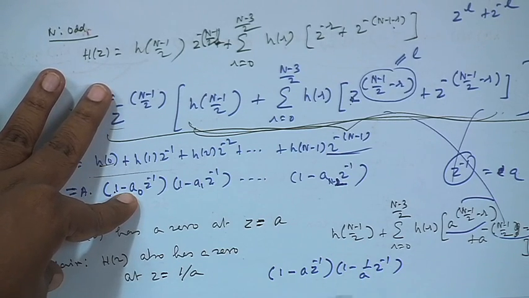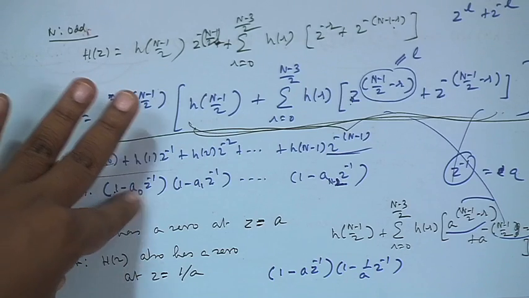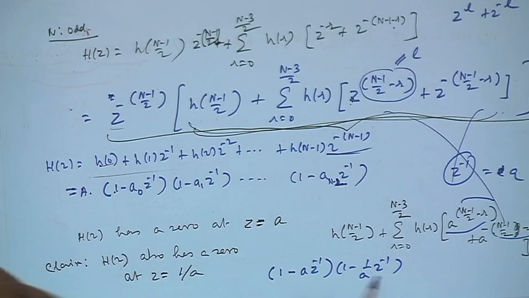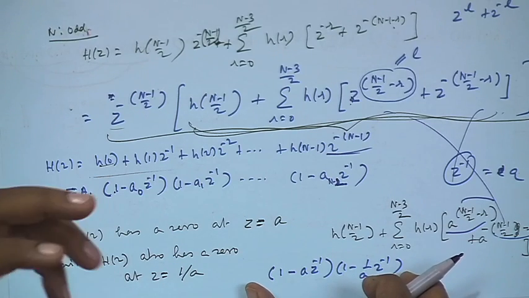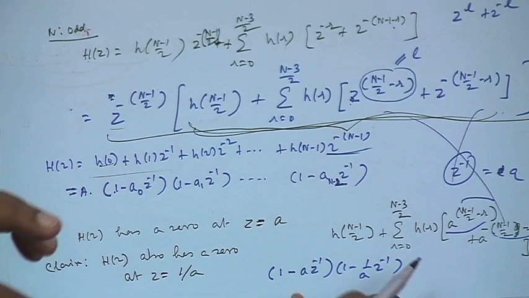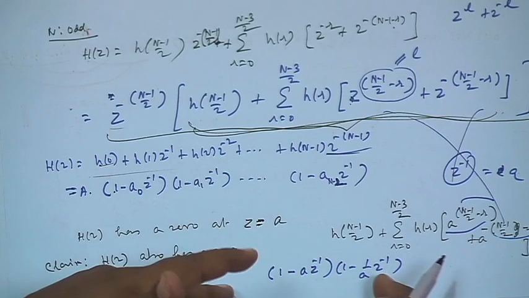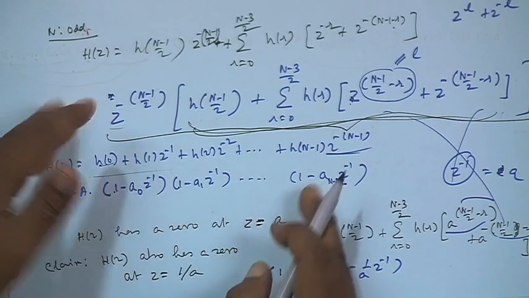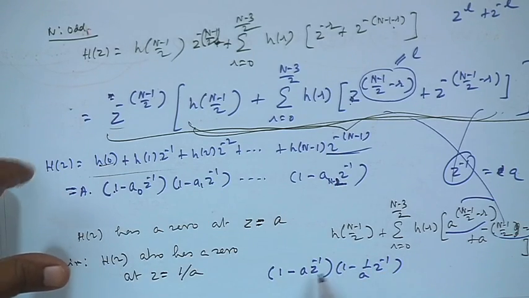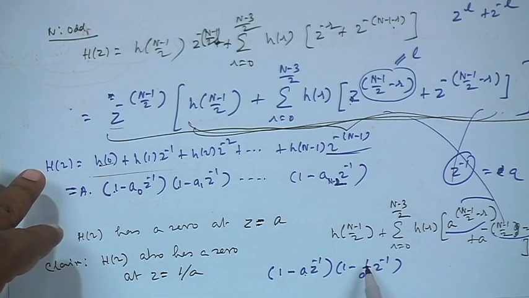Okay. So, if I construct a second order system by multiplying these two factors only, one having a 0 at a, one having a 0 at 1 by a, it is just a small second order system, or subsystem, by taking out two factors out of them.